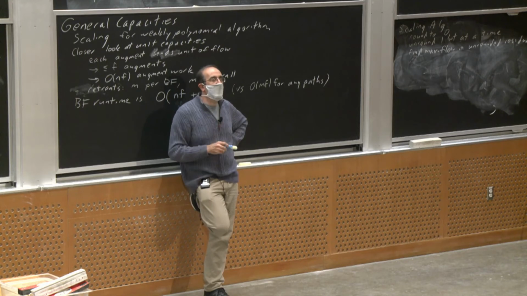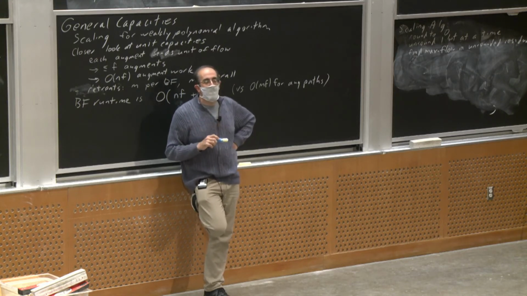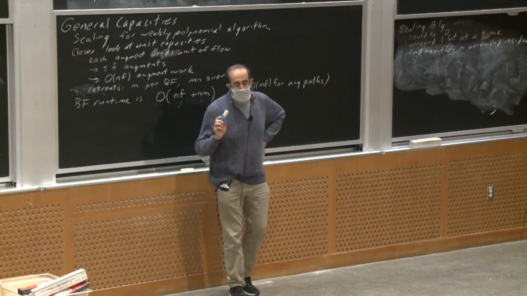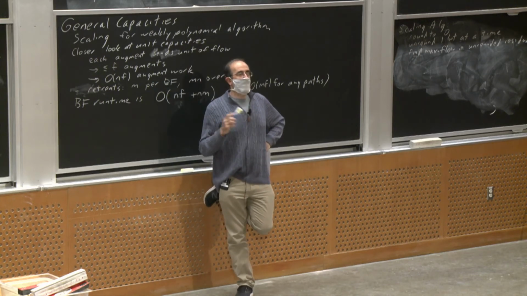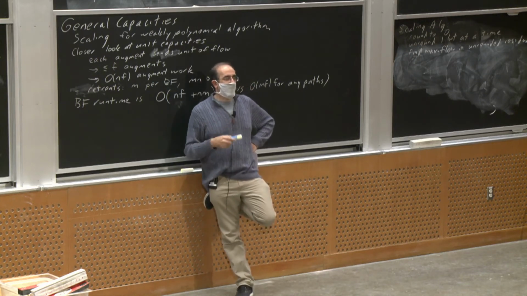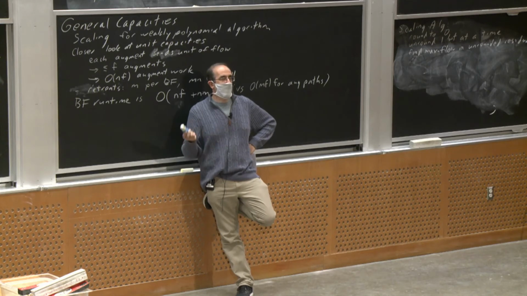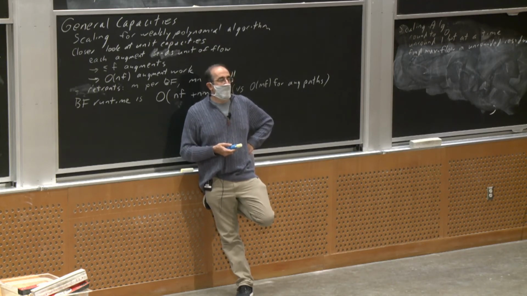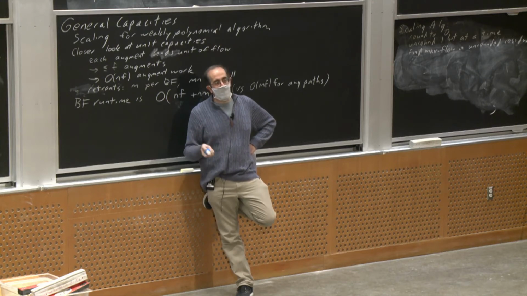So what was the key insight, right? The scaling algorithm, in general, we know it has a small number of phases, right? The number of phases of the scaling algorithm is just the log of the maximum capacity. But we also needed to argue that each phase was fast.